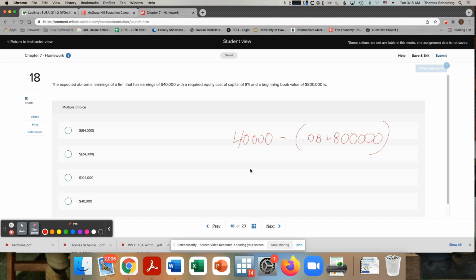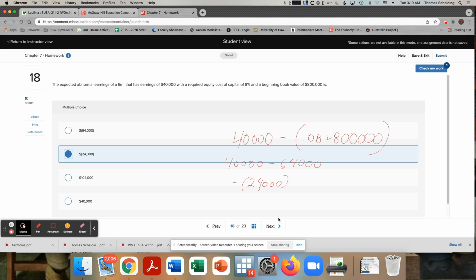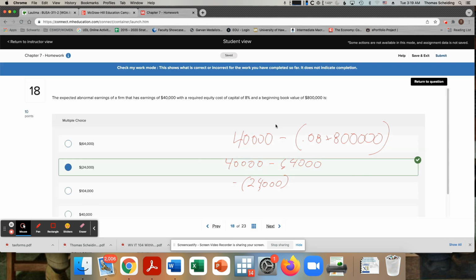So 40,000 minus 64,000. That gets me a negative 24,000. So let's hope that this is correct, where the parentheses stand for negative. That is true.